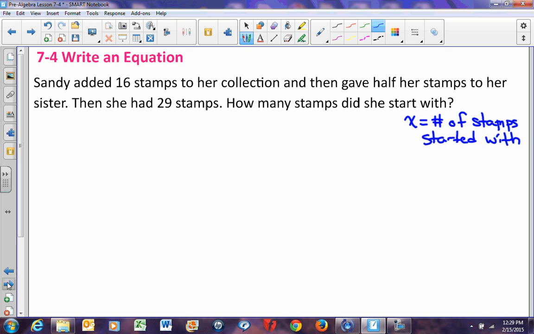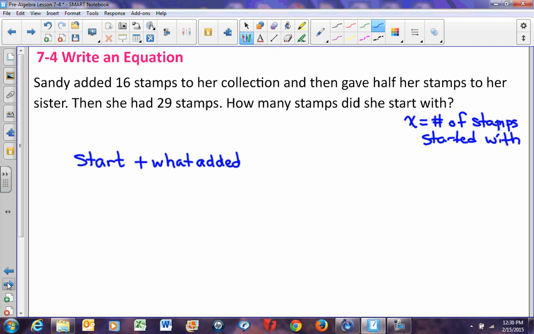She added 16 stamps to her collection and then gave half her stamps to her sister. Then she had 29 stamps. So her start plus what she added, she added some stamps to her collection.